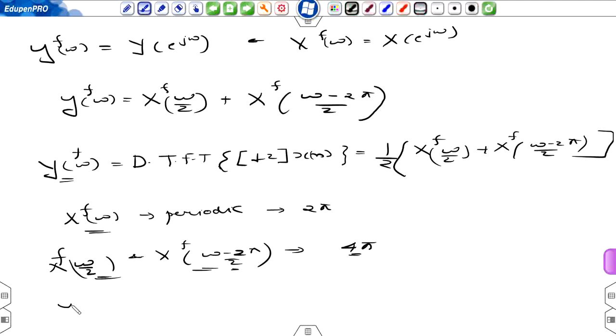And the signal Y(f omega) will also be periodic with period 2 pi. Okay, so how will it look?